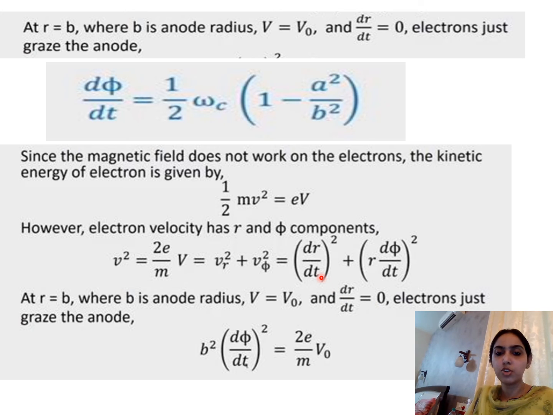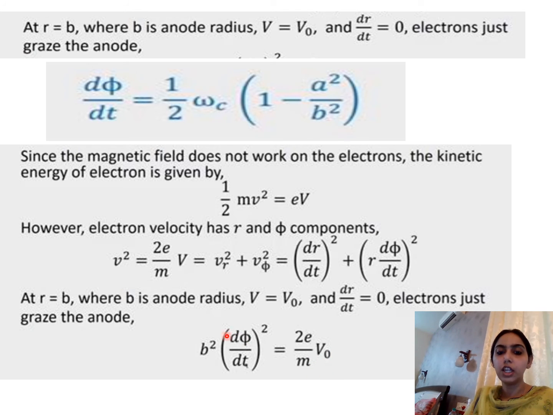So when we substitute in this case, the term (dr/dt)² turns to be 0 and this particular term turns out to be b², since r is equal to b, b² (dφ/dt)², which is equal to 2eV0/m. So b² into (dφ/dt)² is equal to 2eV0/m.